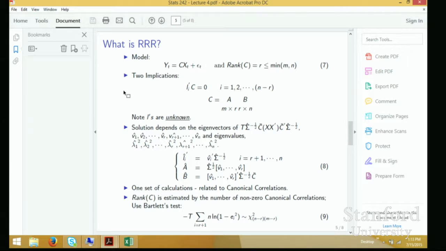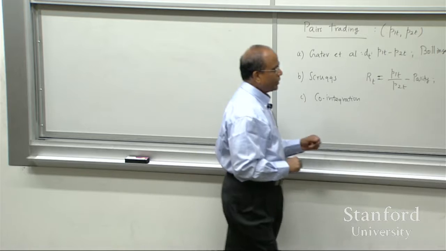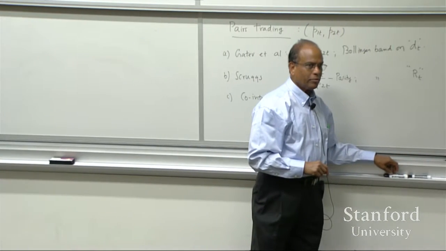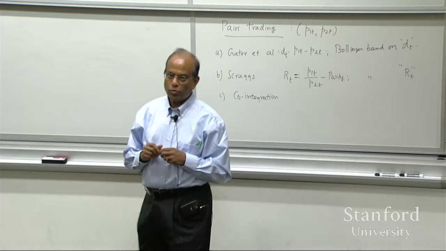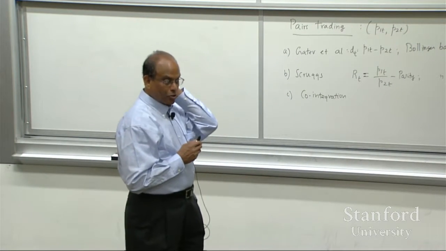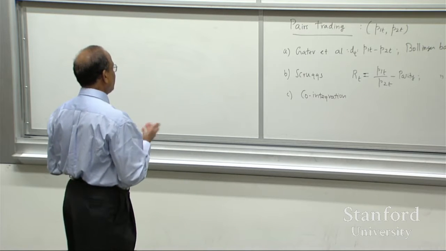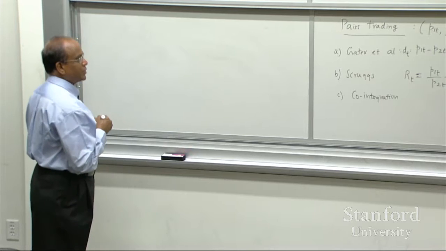So in the case of pairs trading, we have two stocks whose prices are supposed to be co-integrated. What exactly does co-integration mean? Co-integration means that the prices are supposed to be moving in the same direction. That's all. Okay. But they are also supposed to be non-stationary, which is satisfied by all the things that we have seen.